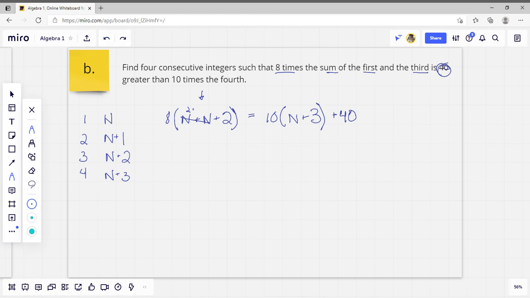Okay, now I'm going to rainbow. 8 times 2 would be 16n. And then another 8 times 2, and we get 16.